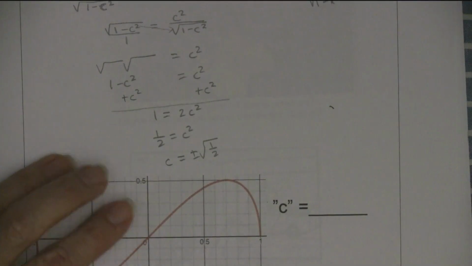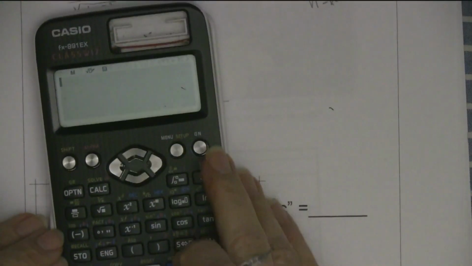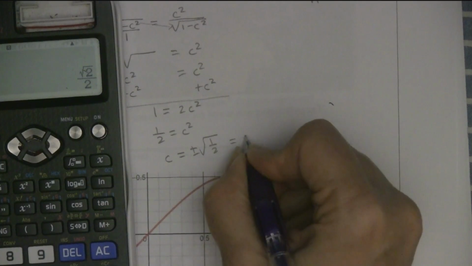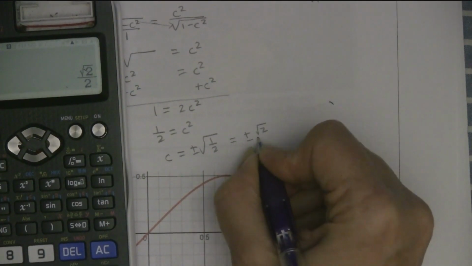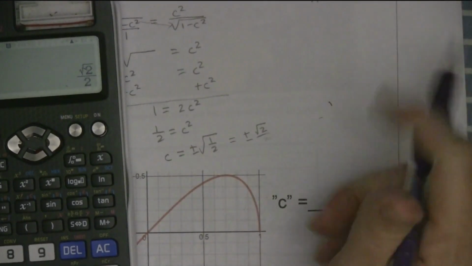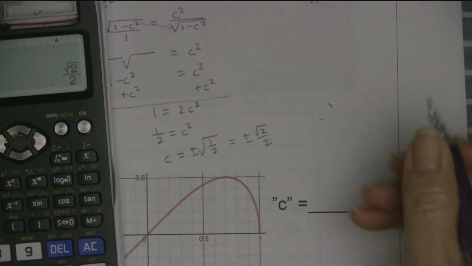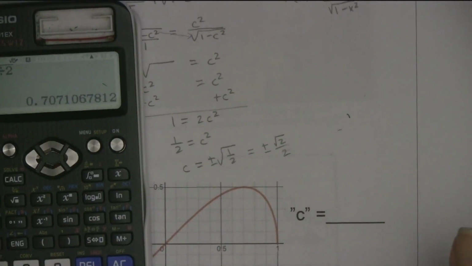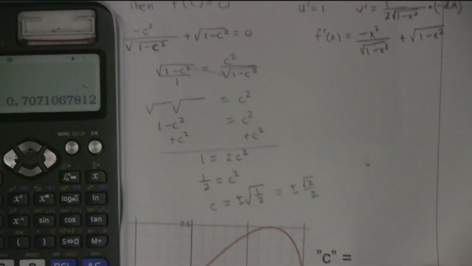And the square root of half, you could do it on your calculator. You can also do it with your head. It doesn't matter. It is square root of 2 over 2. I want to make sure that both of these are in my interval. This is around 0.707, so plus or minus 0.707, right?